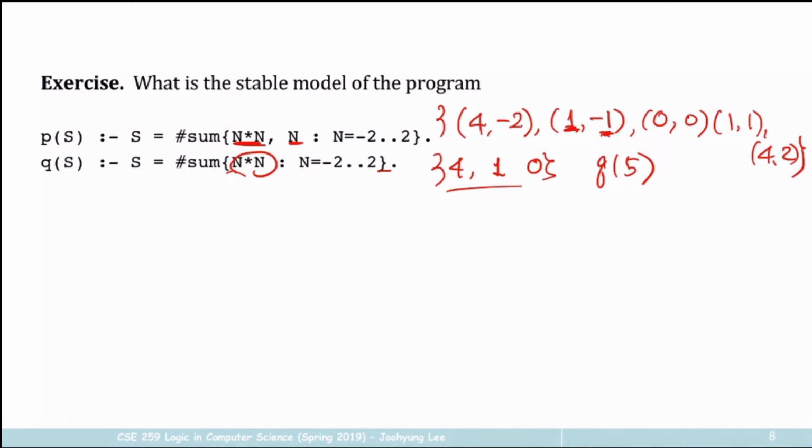So 4, -2 is different from 4, 2. These are sets, and we are not counting the duplicate elements. But this time we have 5 elements, and we are adding the first element of each tuple: 4 plus 1 plus 0 plus 1 plus 4. So that gives P of 10.